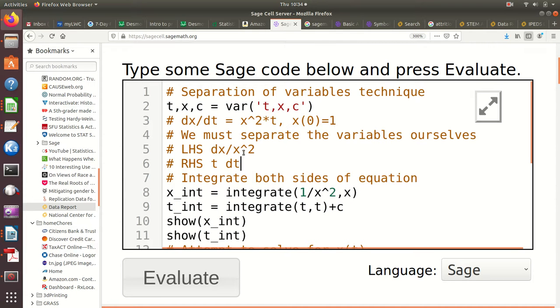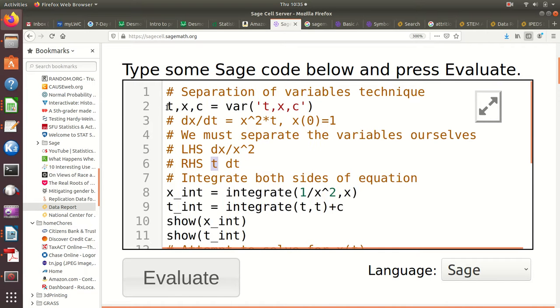And so we get those two, and on the left hand side we want to integrate with respect to x, that's the dx part. So I have 1 over x squared, and I integrate that with respect to x. And then on the right hand side I integrate just the t with respect to t, and then I'm going to add a plus c.